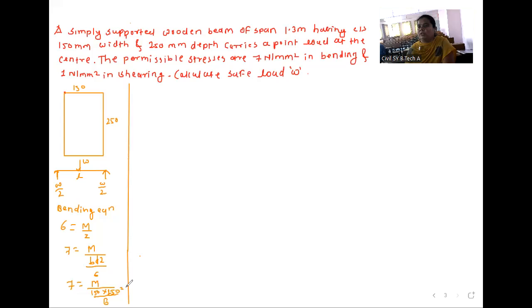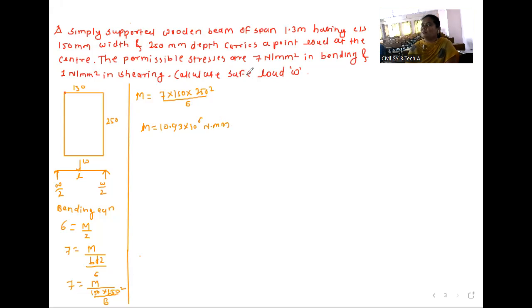Here 250 square. So M is equal to 7 into 150 into 250 square, divided by 6. So M is equal to 8.93 into 10 raised to 6 Newton mm.